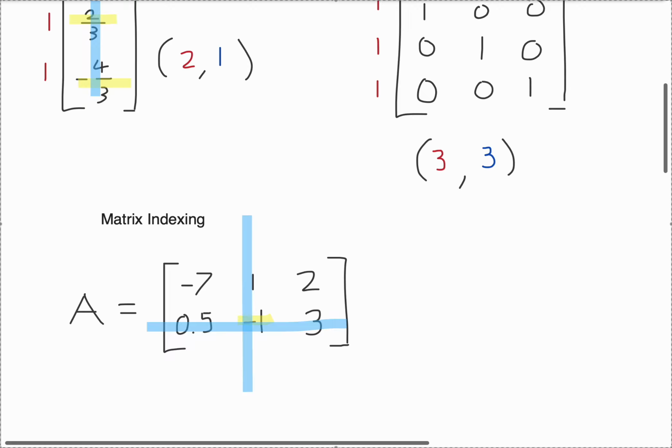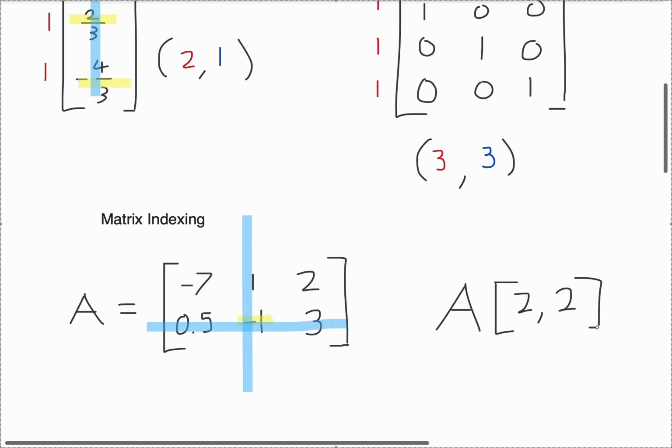I'm going to use some coding syntax here. We say it's part of matrix A because A equals this. So it's matrix A, in the second row and second column.